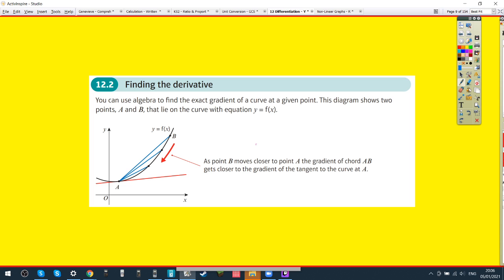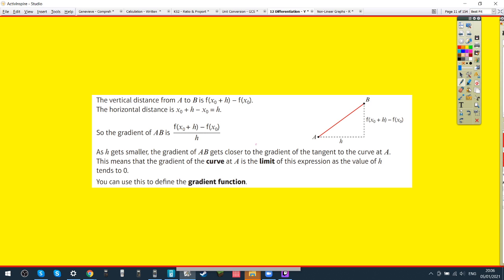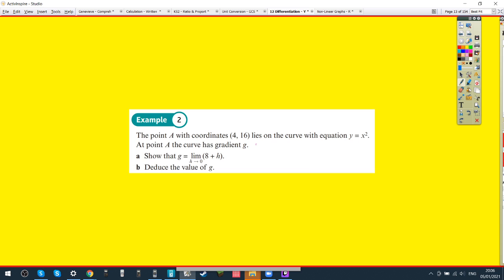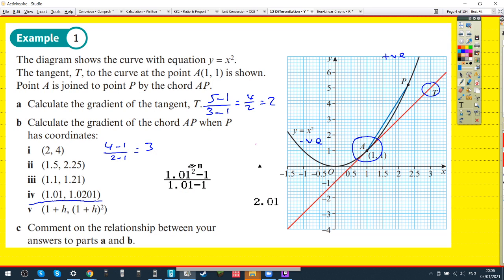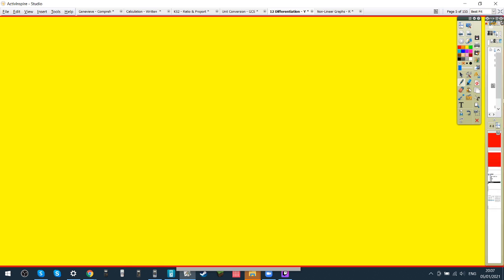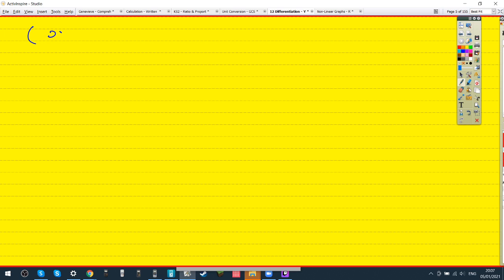Finding the derivative. Let's do part 5. The 1 plus h squared. I'm just going to get more room. So we have x and x squared, 1 plus h. Am I getting ahead of myself?